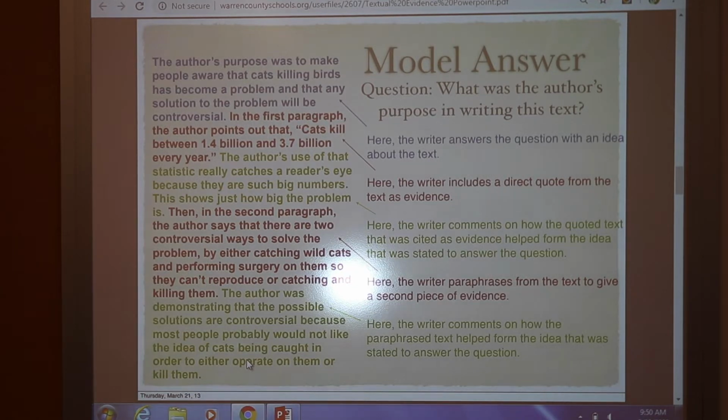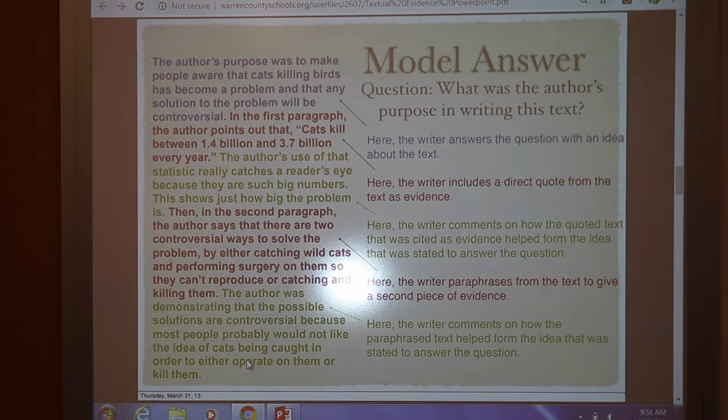So in the green, here the writer comments on how the quoted text cited as evidence helped to form the idea that was stated to answer the question. In red, then in the second paragraph, the author says that there are two controversial ways to solve the problem, either by catching wild cats and performing surgery on them so they can't reproduce, or catching and killing them.